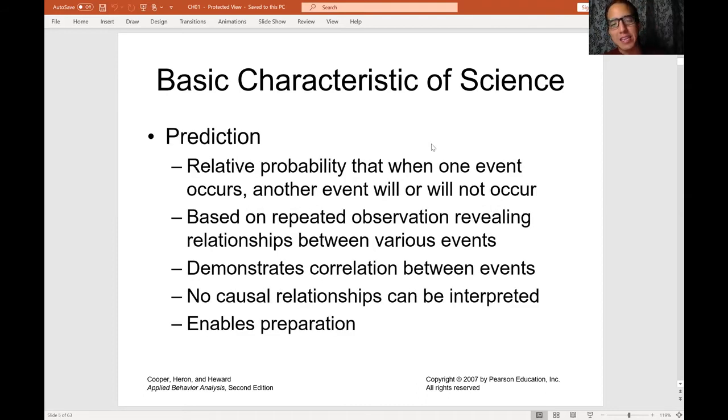characteristic is prediction. And prediction talks about the relative probability that when one event occurs, another event will occur or will not occur. Based on repeated observations, revealing relationships between various events, it demonstrates correlation between events. No causal relationship can be interpreted, and it enables preparation. So there's a couple of things here, right?